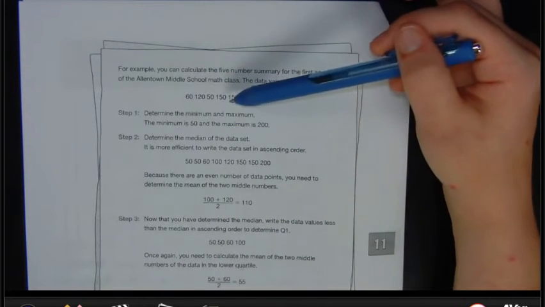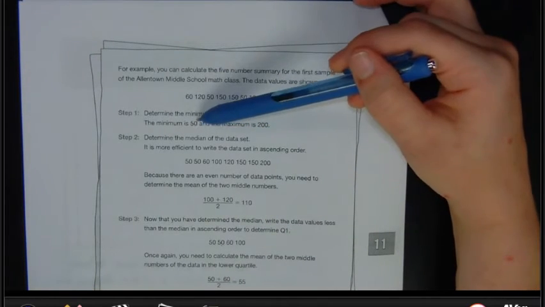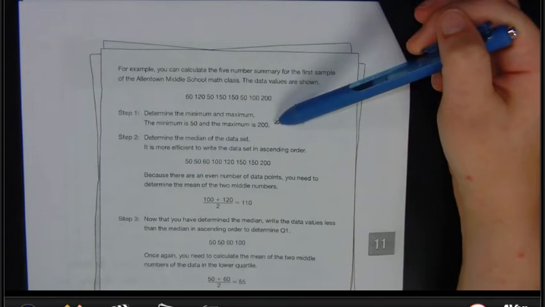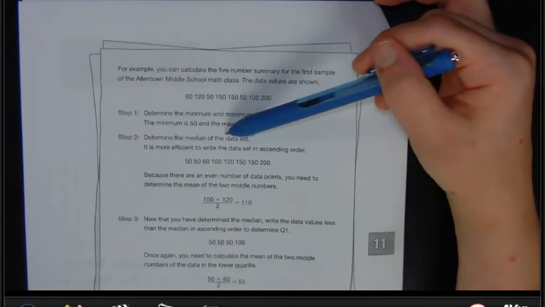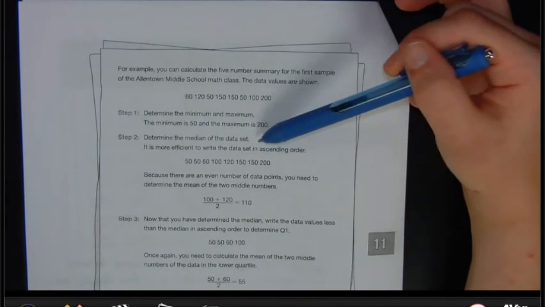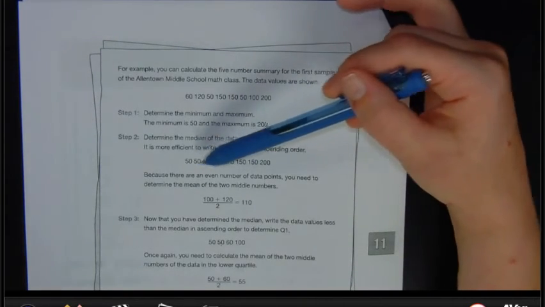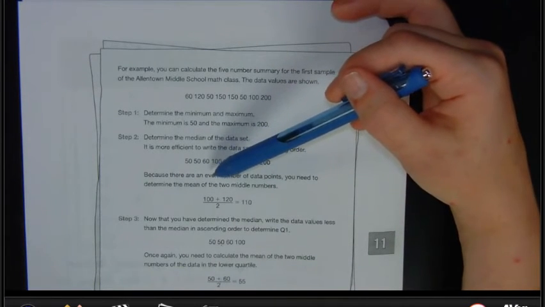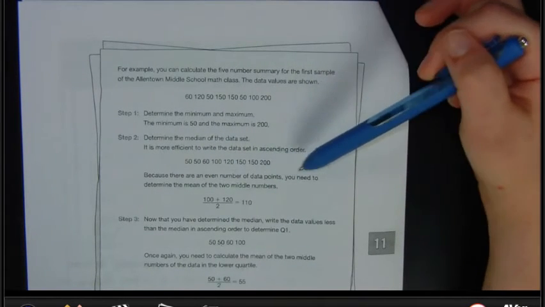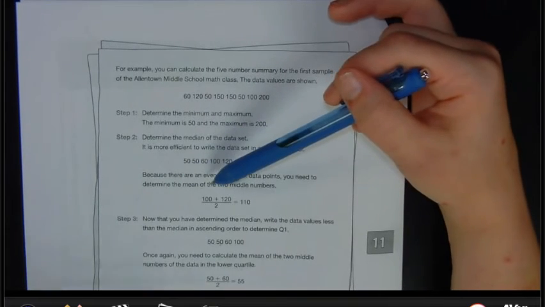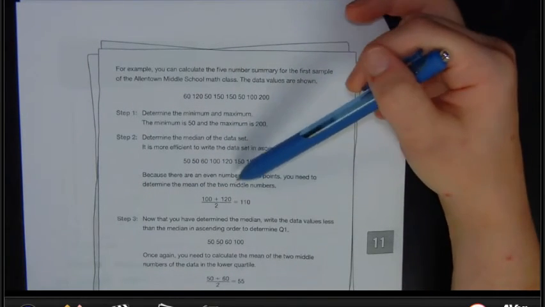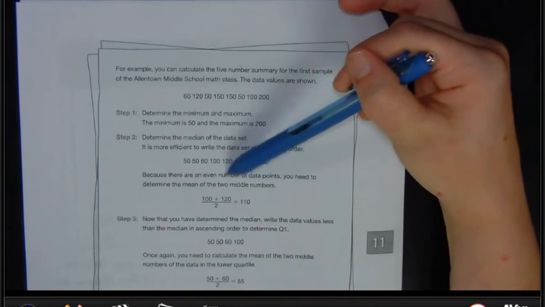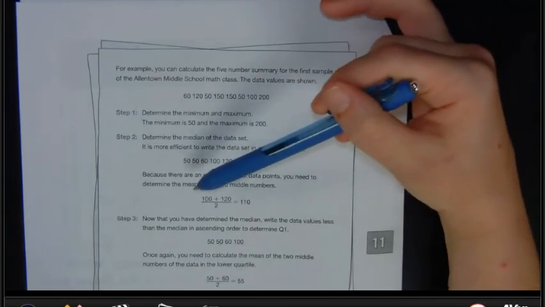The minimum is 50. The maximum is 200. So minimum is the lowest. Maximum is the highest. Determine the median of this set. It is more efficient to write the data in ascending order. So I can go through here to here. And below, there are an even number of data points. You will need to determine the mean of the 2 middle numbers, which were 100 and 120. So they added them together, divided by 2 to get to 110.